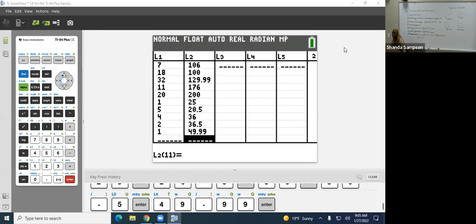So real quick, I'm gonna have you make a scatter plot in the calculator. Now, sometimes you may or may not use it, so we'll see, but the book has you make a scatter plot. Because the only way that the Pearson correlation coefficient works is if it's a linear relationship.